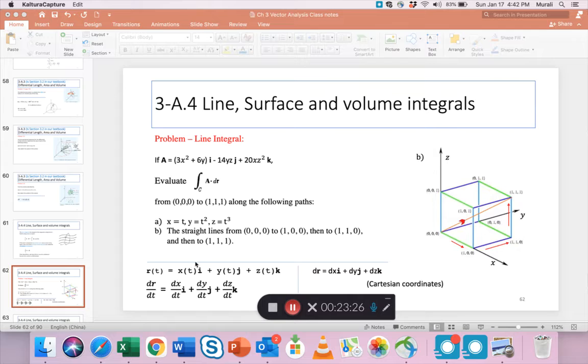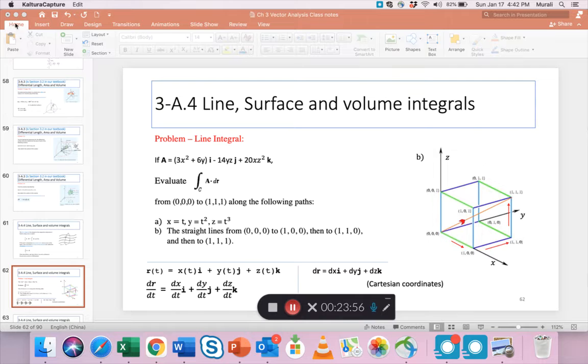So you have to write the travel like this: x(t) i plus y(t) j plus z(t) k, where t is a function of time. So the three given parametric coefficients are written in this way. Then you can create dr. dr by dt is this. So remember this and this as we solve part A and part B.